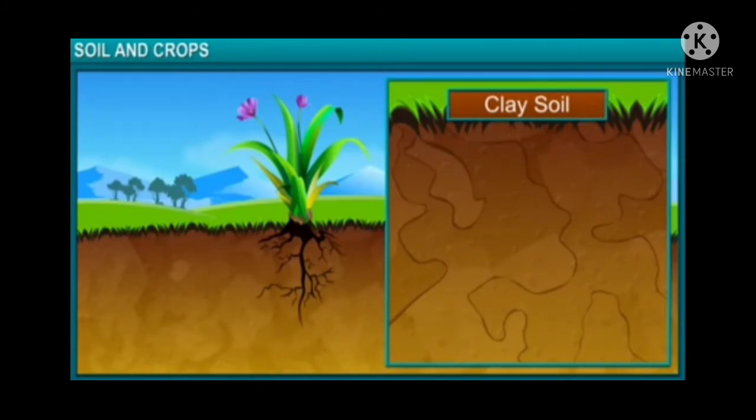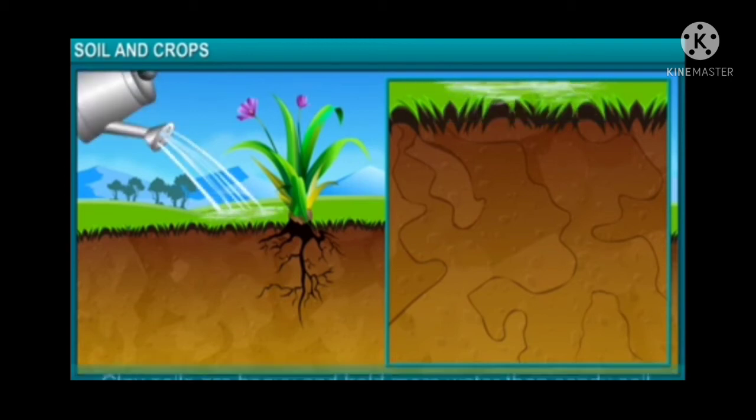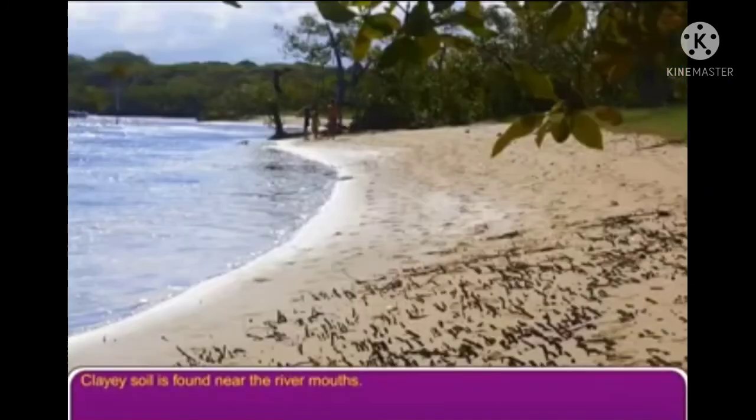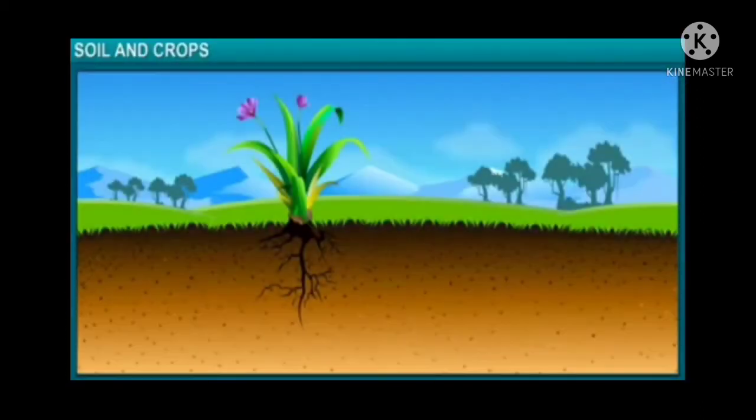So clayey soils have less air. Water can be held in the tiny gaps between the particles of clay. But they are heavy as they hold more water than the sandy soils. Clay soil is found near the river mouths.